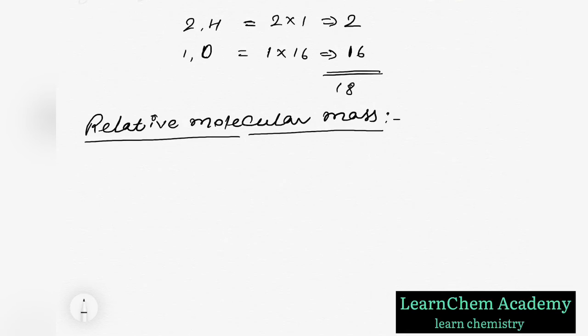We can say relative molecular mass is the mass of a substance which is how many times heavier than 1 by 12th of the mass of an atom of carbon 12 isotope, or heavier than 1 amu.